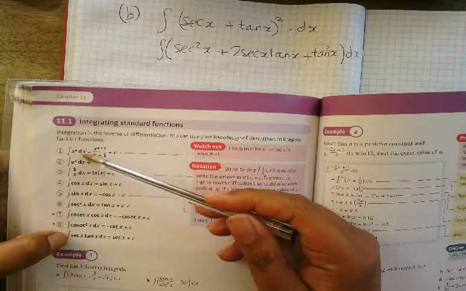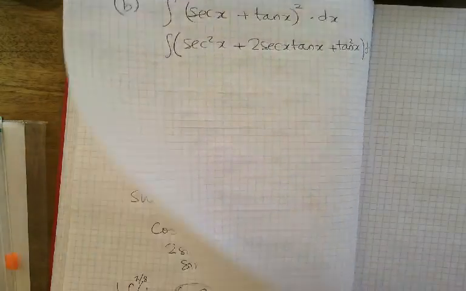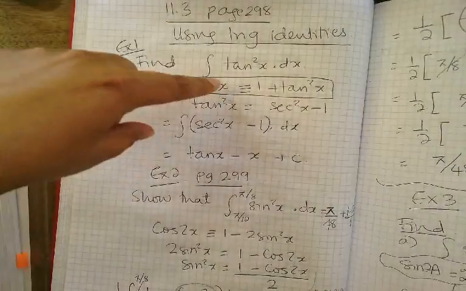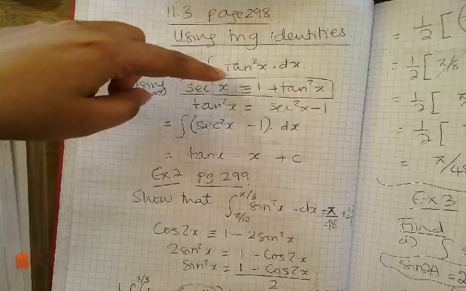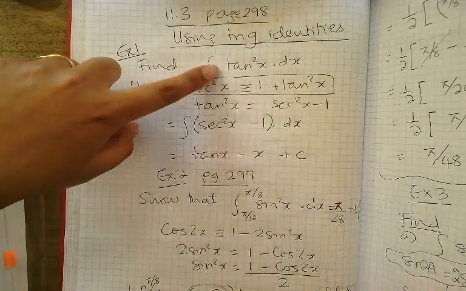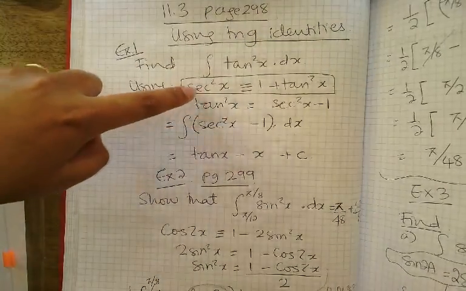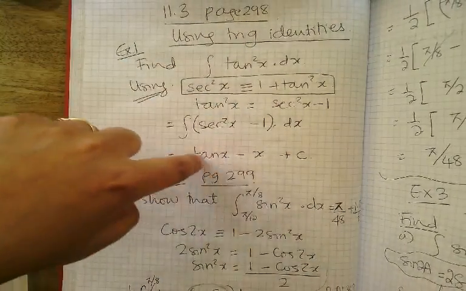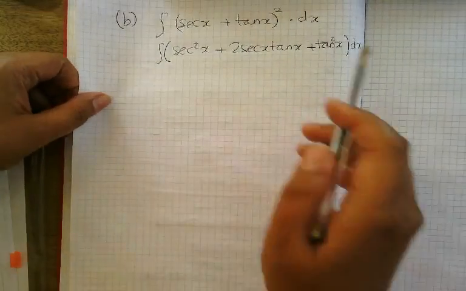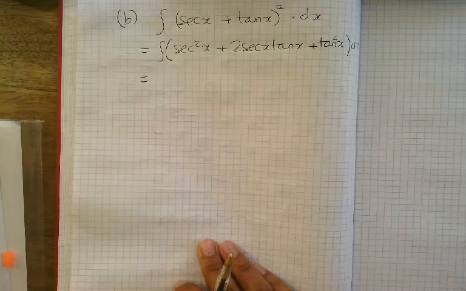Tan squared x isn't there, but in the previous video, the first thing you learned was how to integrate tan squared x. That uses the identity sec squared x equals 1 plus tan squared x, and that gives us tan x minus x. So we do know how to integrate each of these terms.